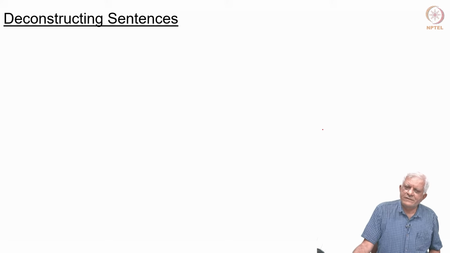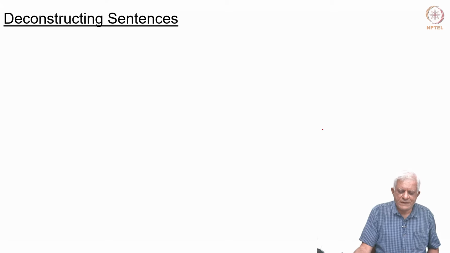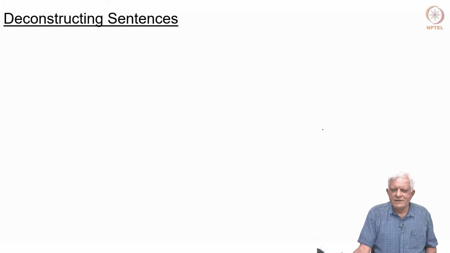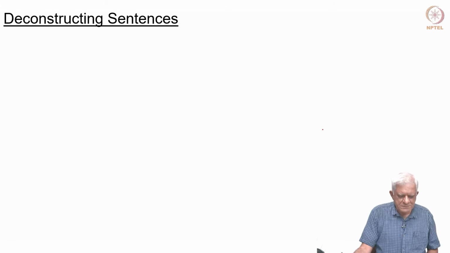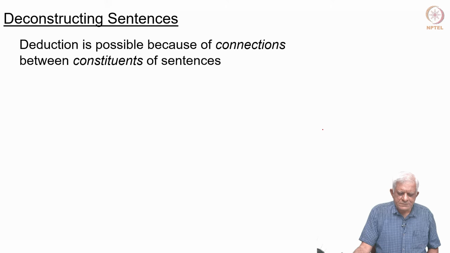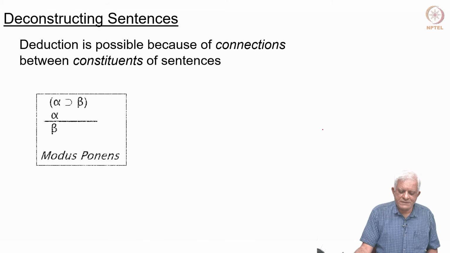Now, we said this before that propositional logic does not allow us to peer inside the sentence. We might use a sentence like all men are mortal, but we do not look at the words in the sentence and their meanings and the relations between them. We just say okay, this is some sentence P. On the other hand, deduction is possible because of connections between constituents of sentences.